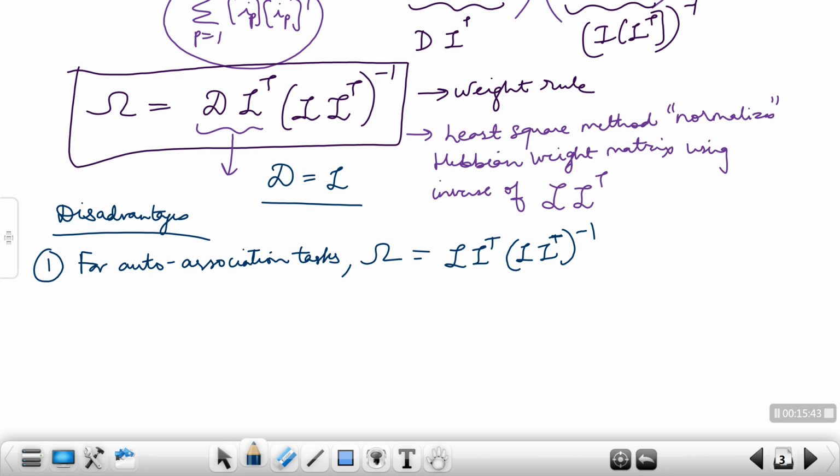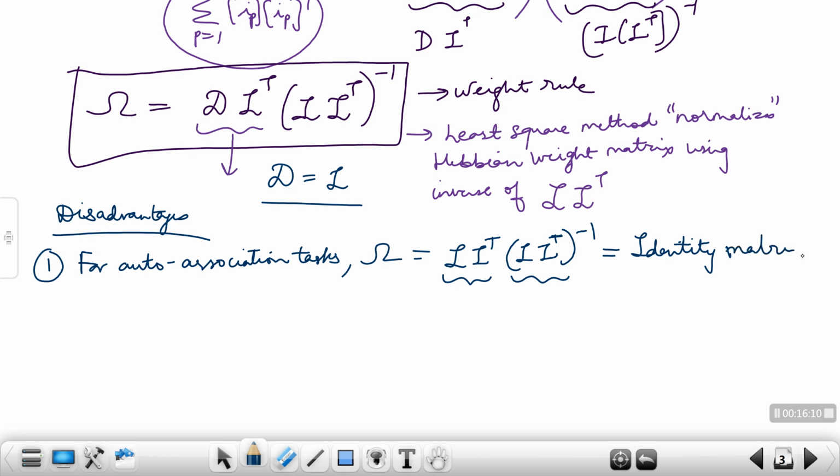So what is this? A into A inverse. Okay. A matrix into the inverse of the matrix. And this is nothing but the identity matrix. Okay. So basically it would be trivially associating the vector to itself, auto associating the vector to itself.